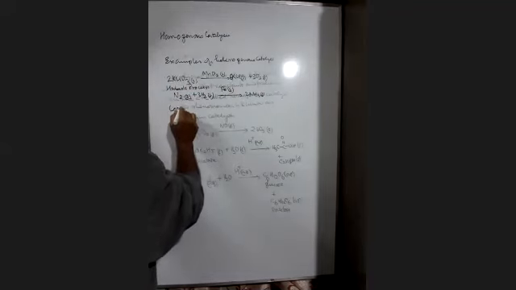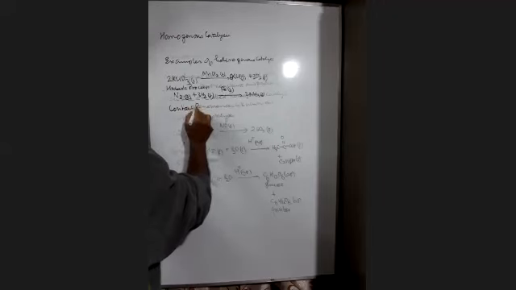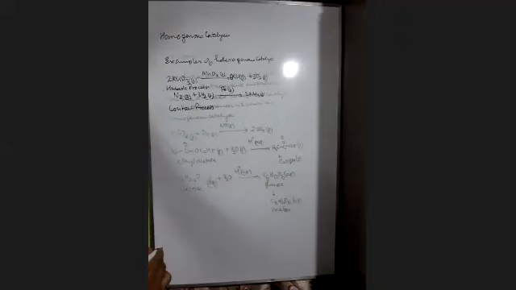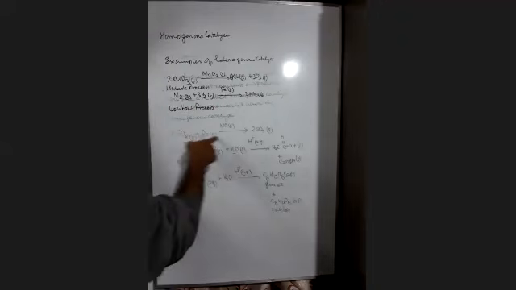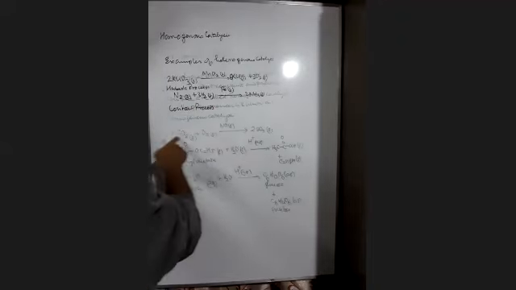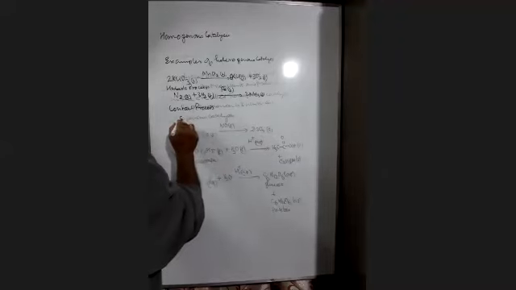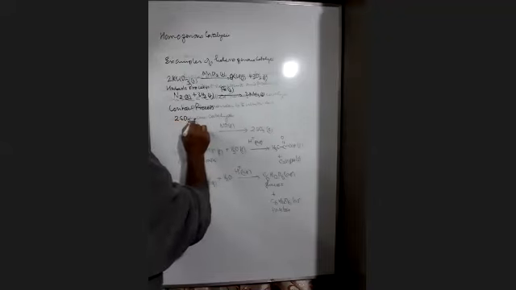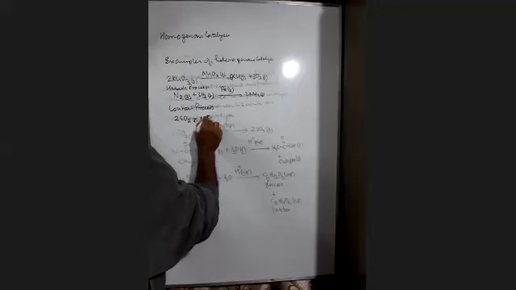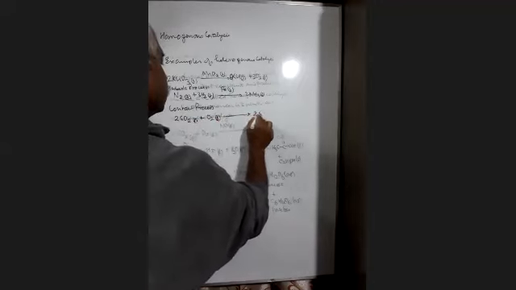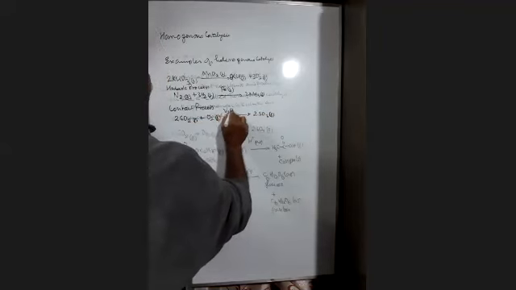Now, the contact process. The contact process is used for the manufacture of sulfuric acid. Here, sulfur dioxide gas is oxidized by atmospheric oxygen to sulfur trioxide gas by using vanadium pentoxide.